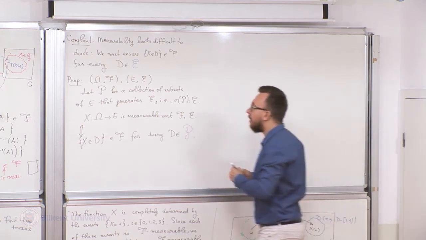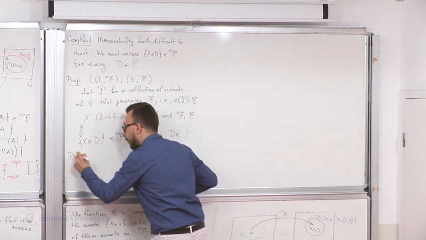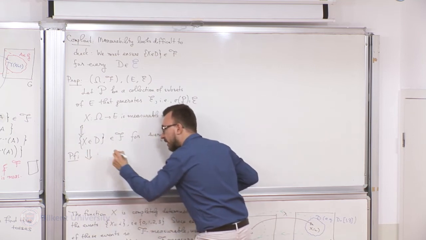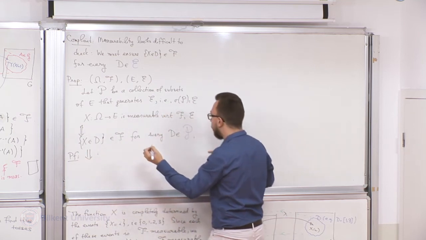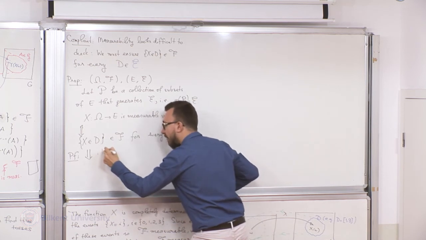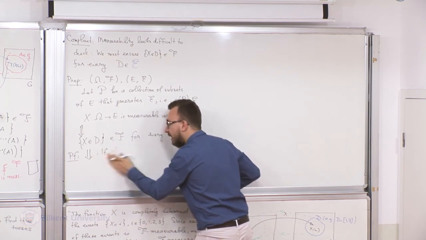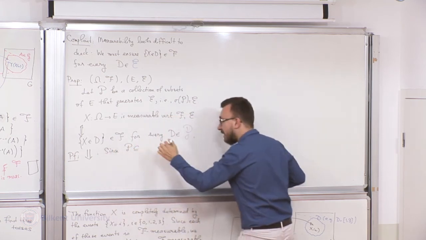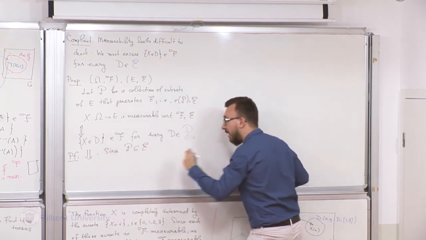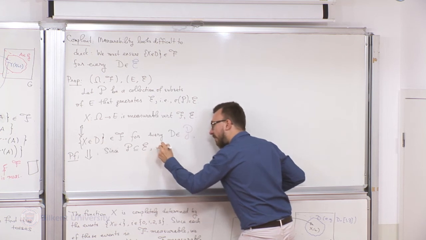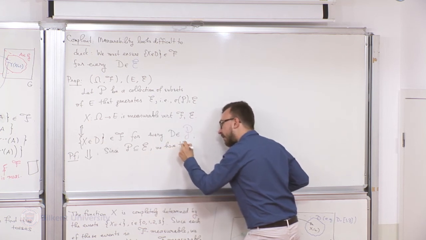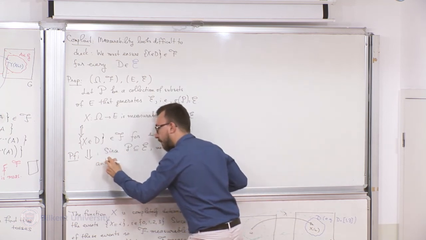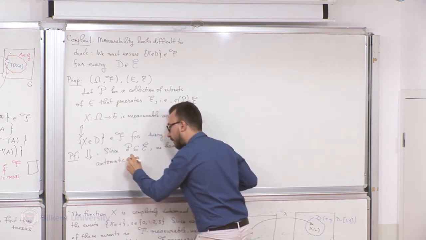Okay? So let's do the proof. First of all, this part is clear. Let's explain why. Since P is already a subset of script E, we have this part automatically, without effort.